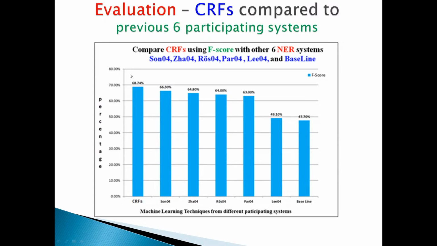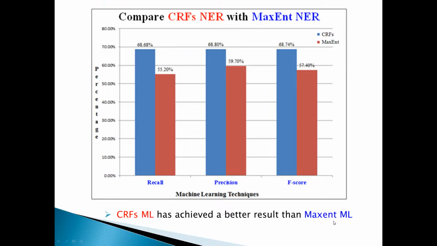As you can see, this CRF is our model, compared to the previous models that used other than conditional random fields for the same data set, with different machine learning algorithms and different features. So that's a comparison of how these two new models, CRFs and MaxEnt, compare with each other.